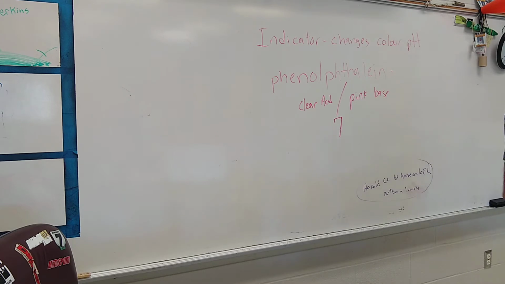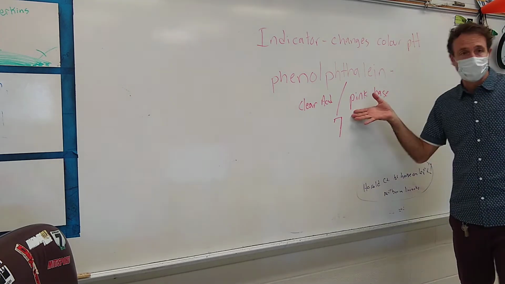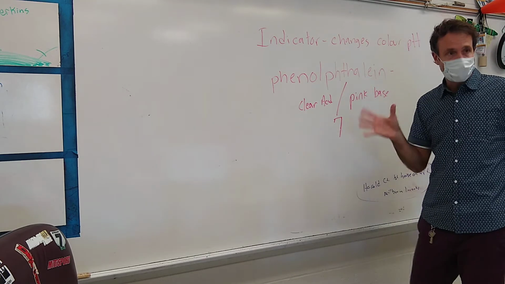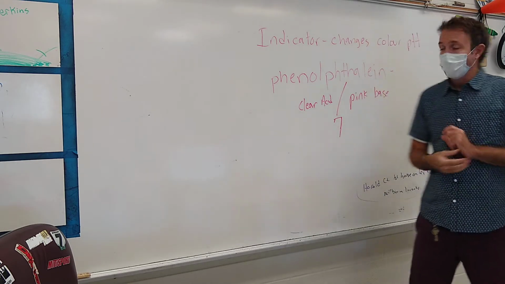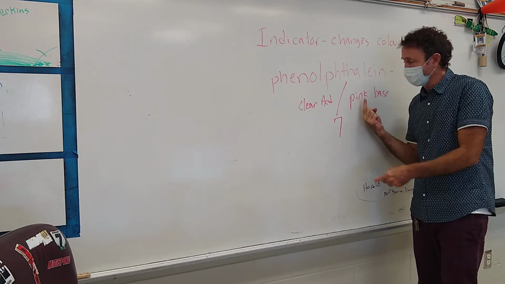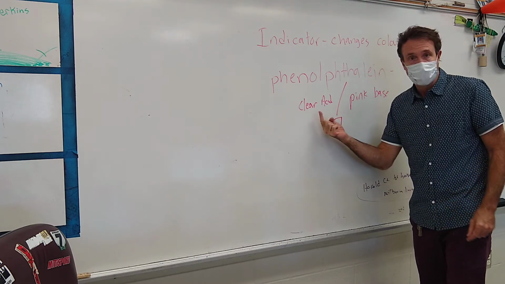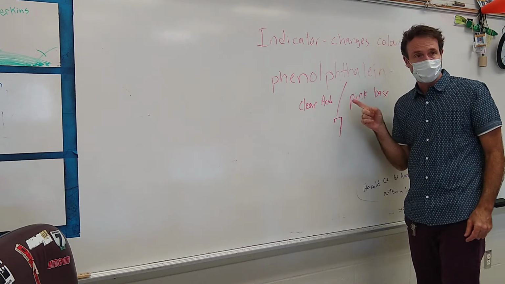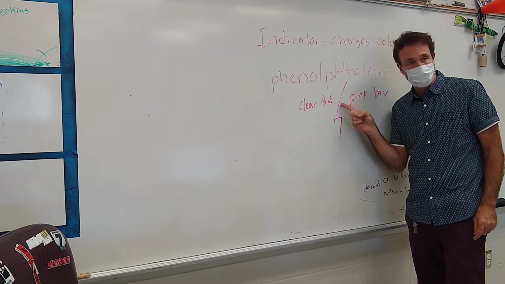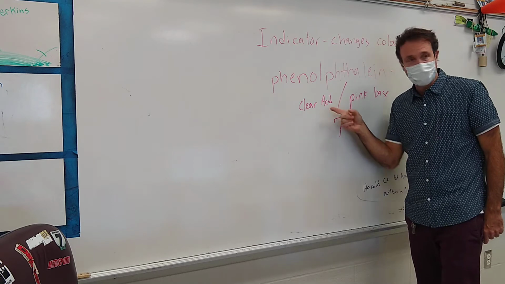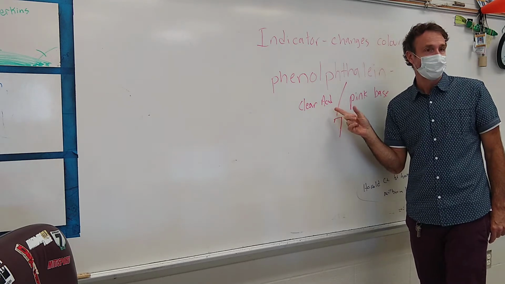And it is an excellent tool for us to use if we want to actually neutralize something. Does that make sense? We can see when it turns from pink to clear, or it turns from clear to pink, and boom, right then it's 7. If it's pink, it's at 7.01. If it's clear, it's at 6.99.